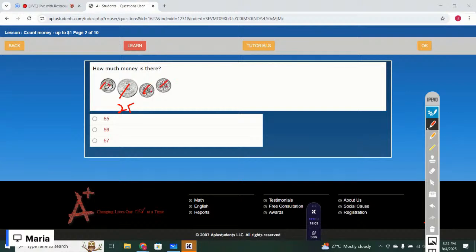So the correct option is 55 cents. Option number 1 is the correct option. That is 55 cents. Option 1 is the correct option.